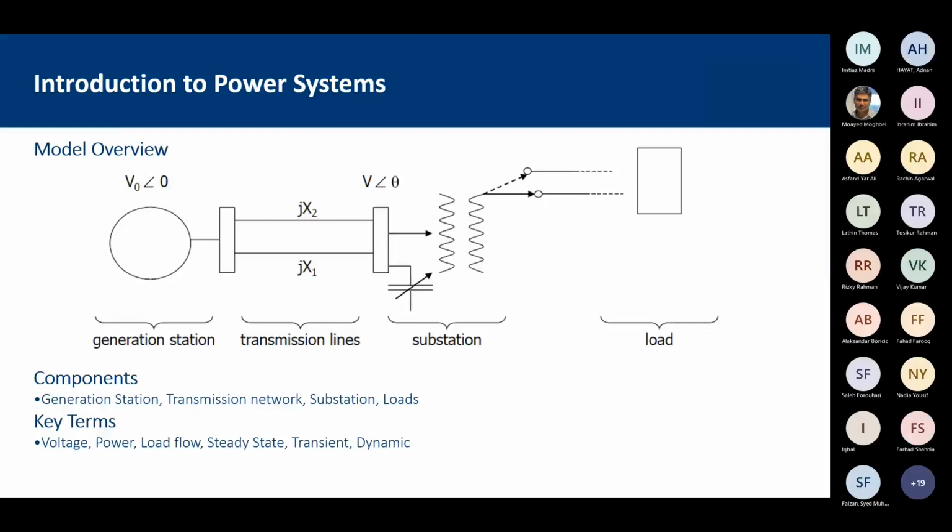So basically, how the power system modeling is done, that's very basic. We have generation stations, and then we have transmission lines. Mostly we model transmission lines as PI models, and then we have the substations and loads. So these are the key components in a power system.